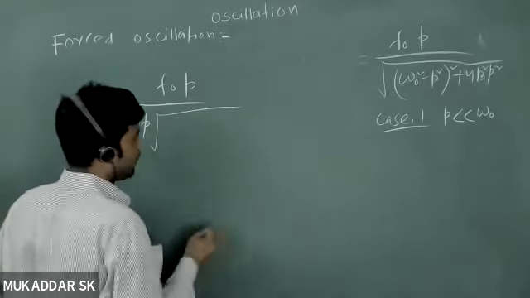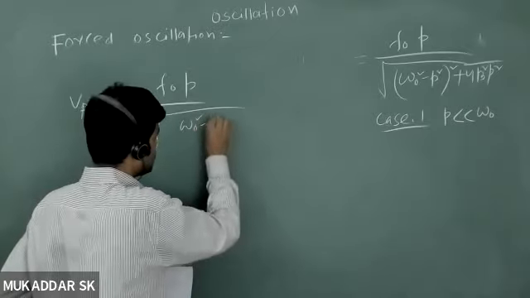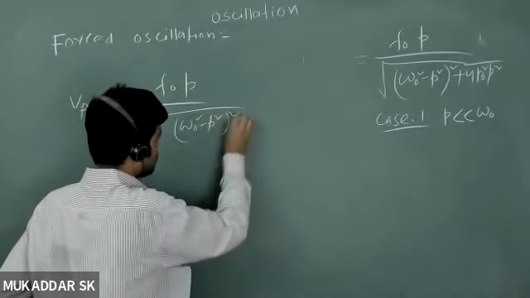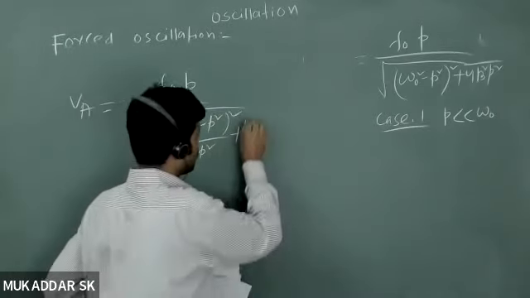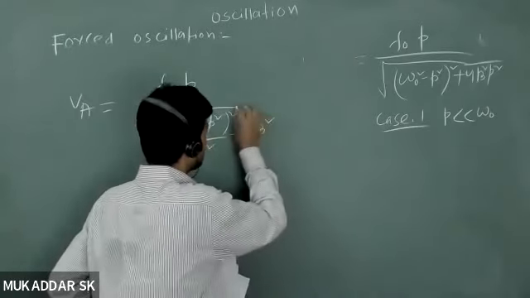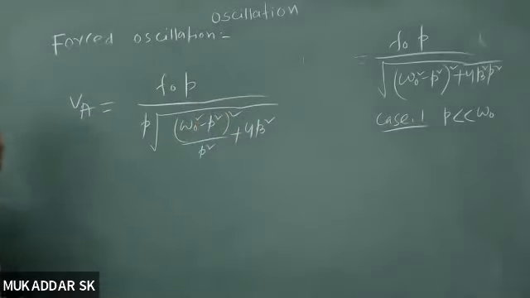P divided by omega naught square minus P square whole square divided by P square plus 4 beta square. This will be the form, right? So this will be your form of that velocity amplitude, right?